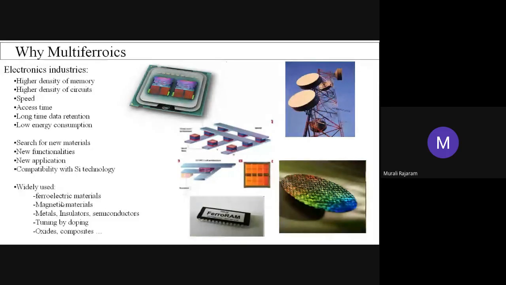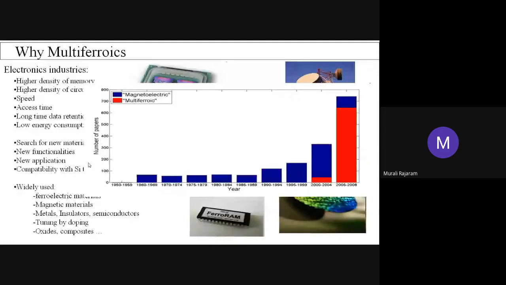This plot shows the number of publications when you put in the keywords magnetoelectric and multiferroic. This is up to 2008. For multiferroic, the number of publications keeps on increasing. The word multiferroic started around 2000, because this word was coined very recently by Schmid, whom people call the father of multiferroic materials.